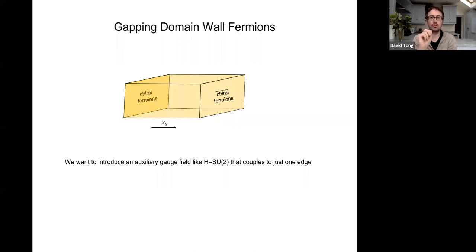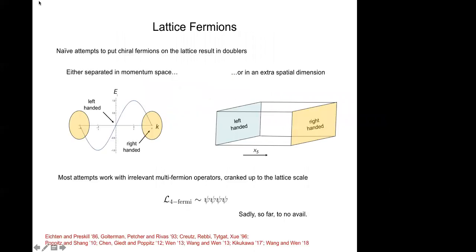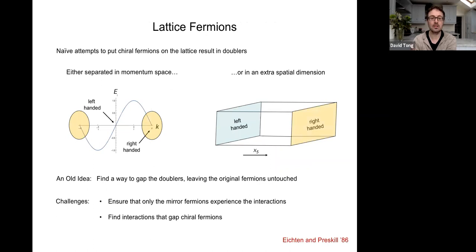The statement is twofold. If I go back to this, there are two issues with this Eichten-Preskill idea. One is, how do you design interactions that gap fermions preserving the symmetry?